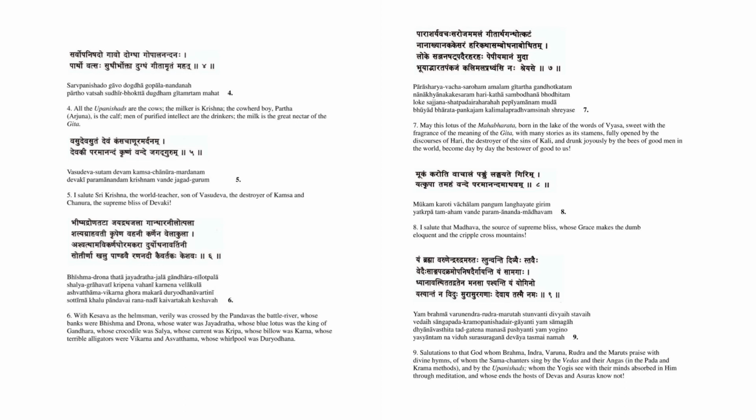Jayadratha, anybody knows Jayadratha? Who is Jayadratha in Mahabharata? Jayadratha is the name of a king. I think he was Sindhu Desha Raja. He is the water of the river, just like Bhishma and Drona.